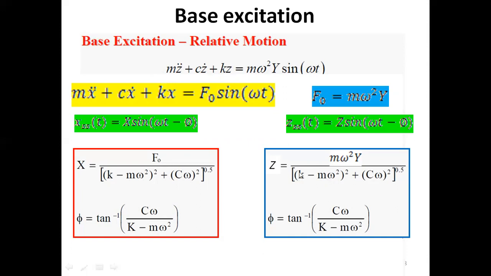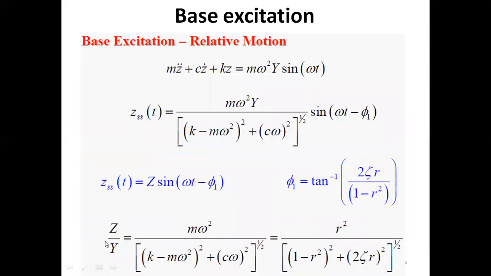Here we have k square and k square, which we could take common and bring out of the under root sign. So outside we would have k. Inside here we have 1, and m by k is 1 over omega n square, and c by k is 2 zeta by omega n. We would be repeating the same procedure, and this k we could write with the m, so we would have m by k, and m by k is actually 1 over omega n square.